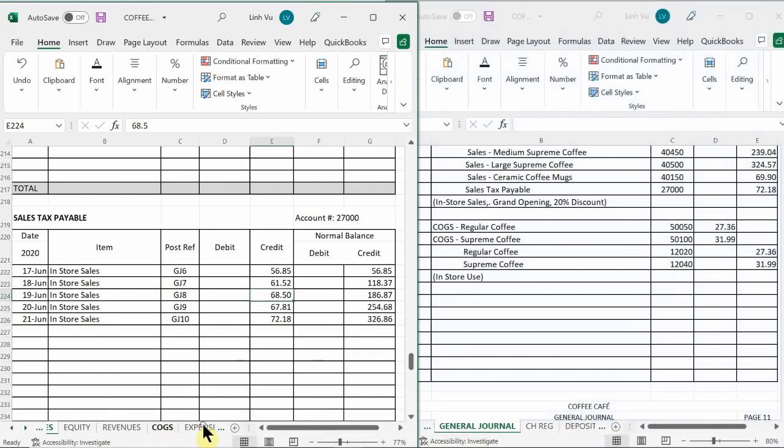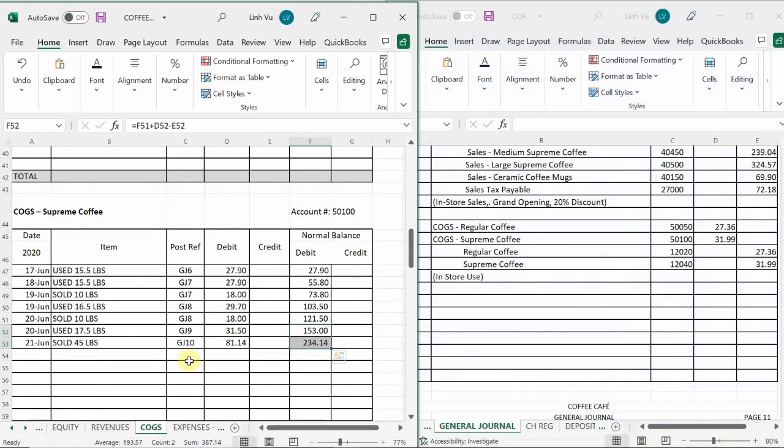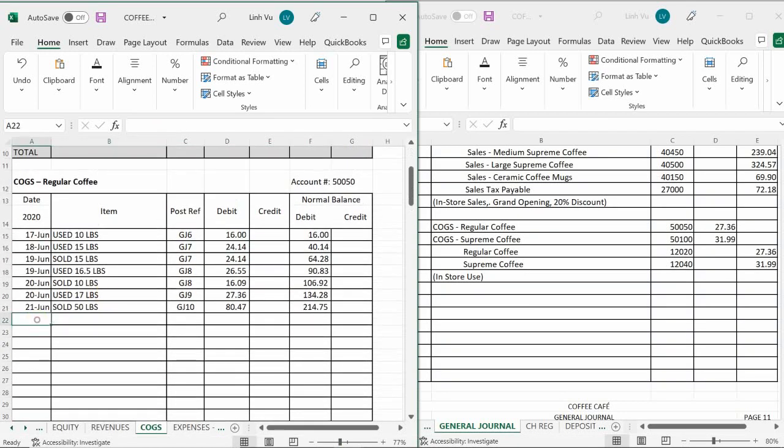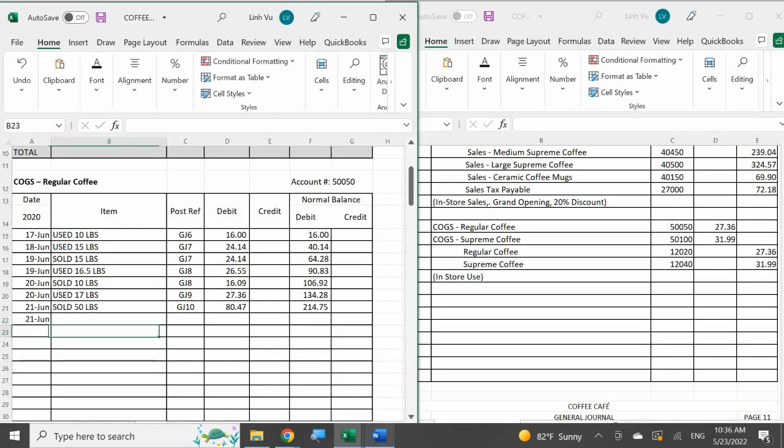So starting off with the cost of goods sold. Here on the 21st, we end up using 17 pounds, which cost me $27.36.